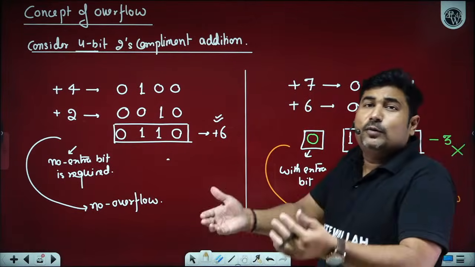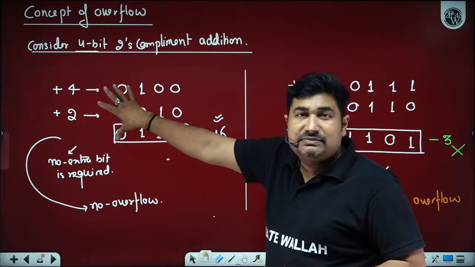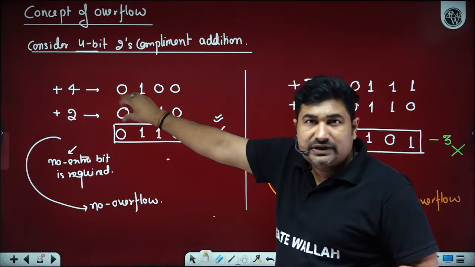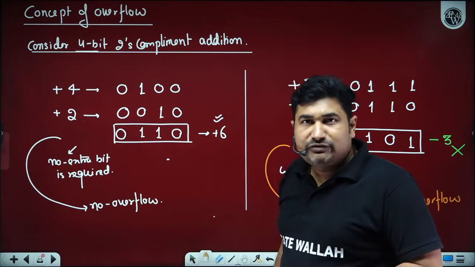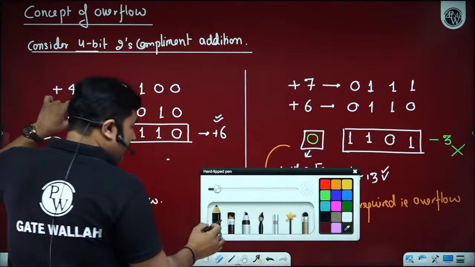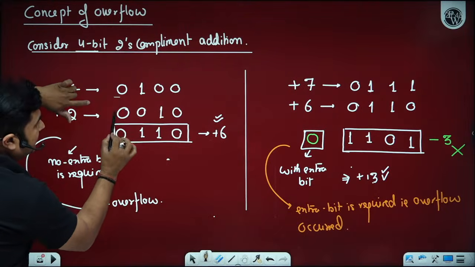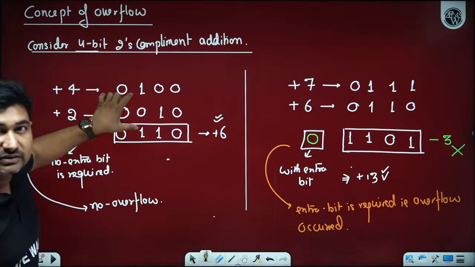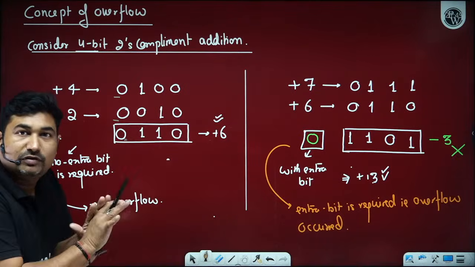When can overflow occur? If we observe two same sign numbers, please observe here, both are positive. If two same sign numbers are added, this is also positive, and in result, if the sign is same, no overflow occurred.